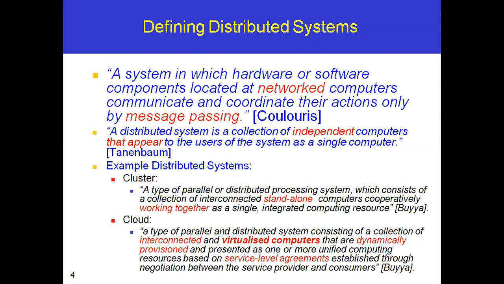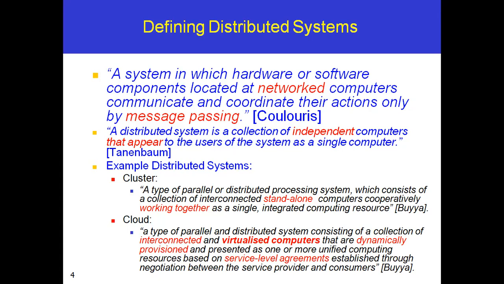Located at networked computers means they are not at a single place, they are at different places. Still they are in communication, still they are in coordination. How are they in coordination and communication? They send messages. This is called message passing.